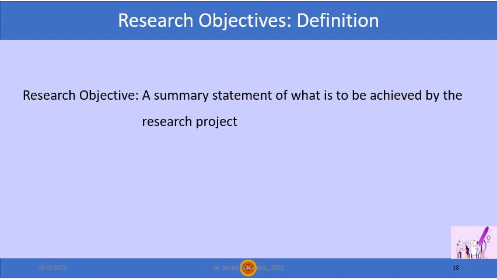We discussed the PICO framework and the PICOT framework and other things related to formulating a research question. So let's move to research objectives. So the definition of research objective is it's a summary statement of what is to be achieved by the research project.